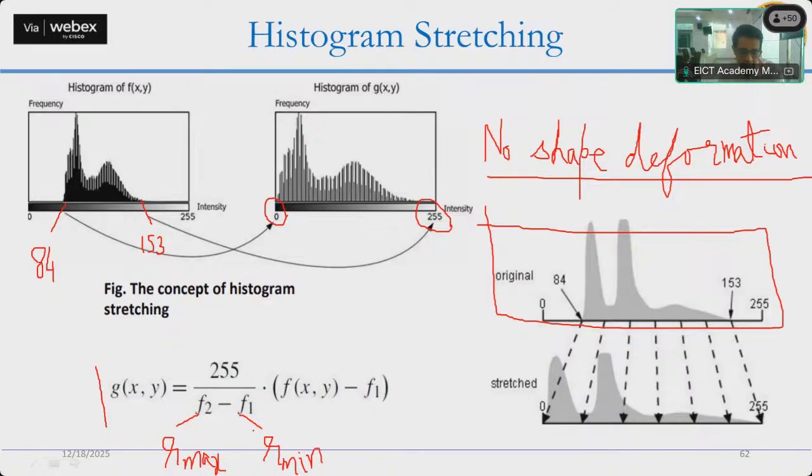This is the R max, this is the R min, and this is the present value, the general R. When we start, what is R? R ranges from 84 to 153. So F1 is 84, right? What is R min here? In this case, it is 84.